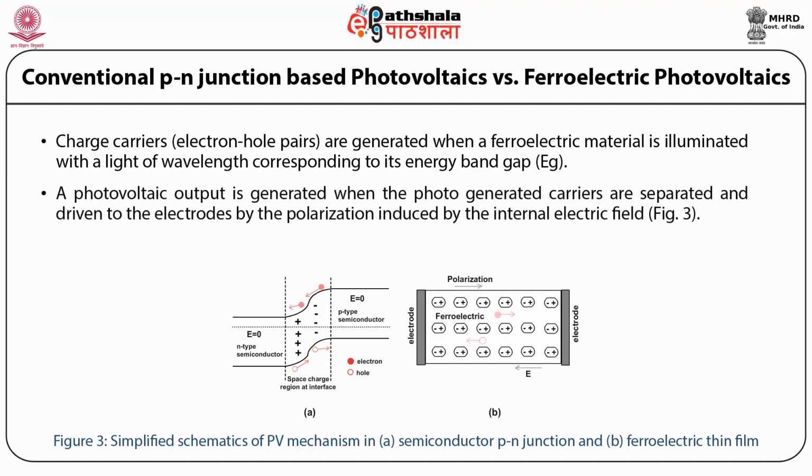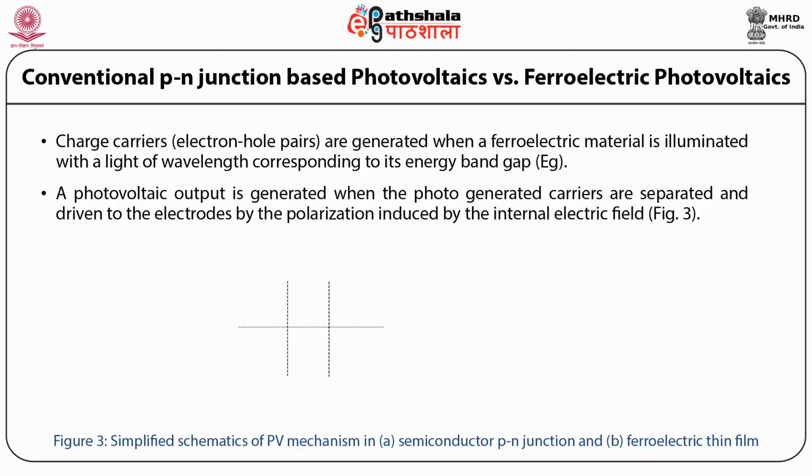A photovoltaic output is generated when the photogenerated carriers are separated and driven to the electrodes by the polarization-induced internal electric field.